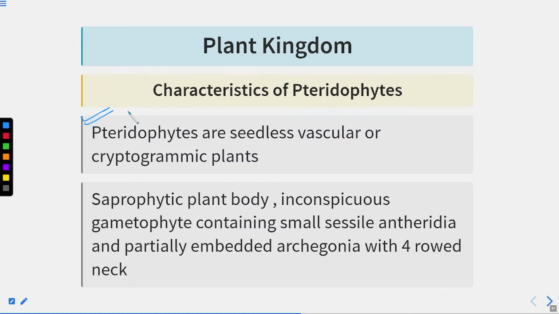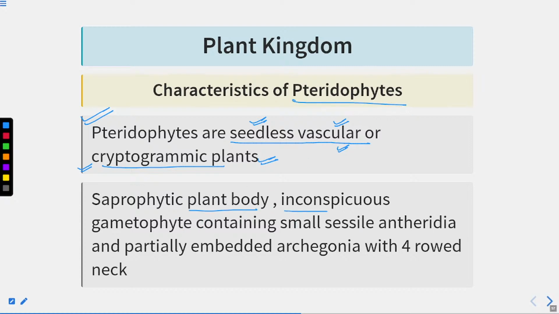Now comes the pteridophytes. Pteridophytes are the seedless, vascular or cryptogamic plants. These are cryptogamic plants because they do not form seeds, but they are vascular plants. The first time vascular plants came in nature, that is the pteridophytes.